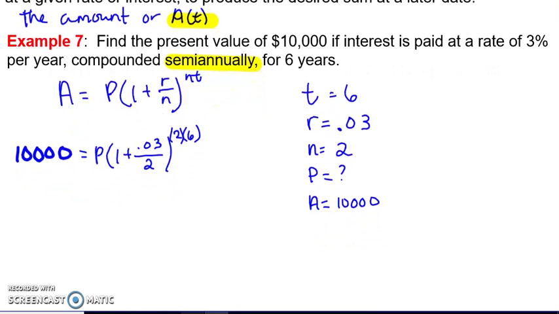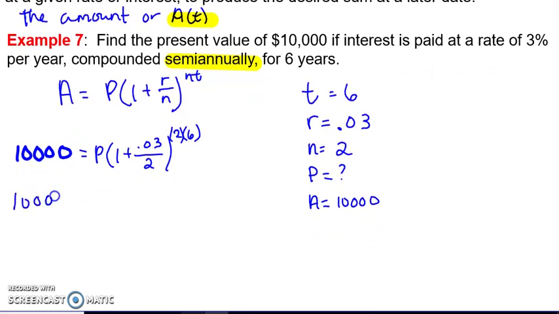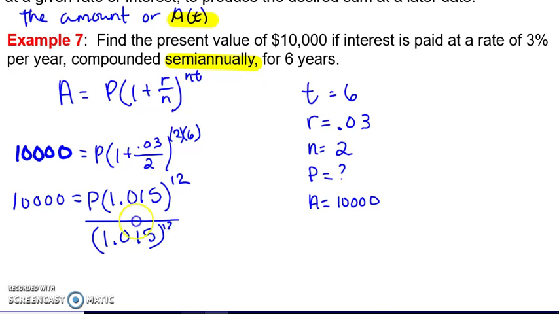When we simplify this, I'm just going to simplify 1 plus 0.03 over 2. That gives us about 1.015. 6 times 2 gives me 12. So I can look at this as dividing both sides by 1.015 to the 12th power.